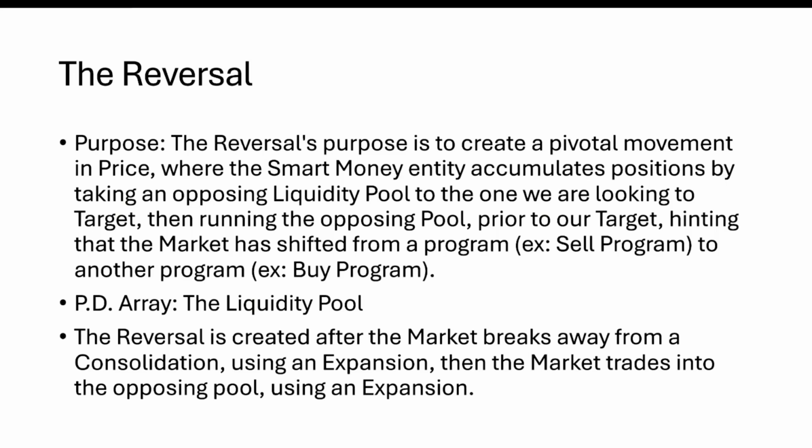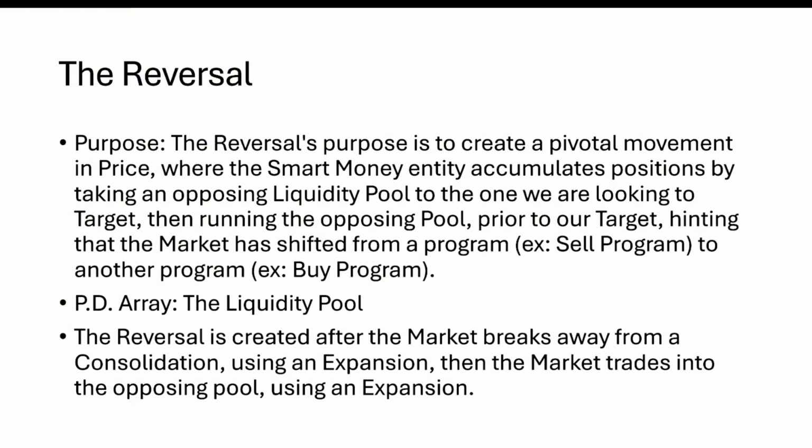So this is the market reversal. And the reason why we're going to pair it with the liquidity pool is exactly as we stated within the last video when we talked about market structure. So when we're anticipating the market to reverse, we're going to look forward for a liquidity pool to target.